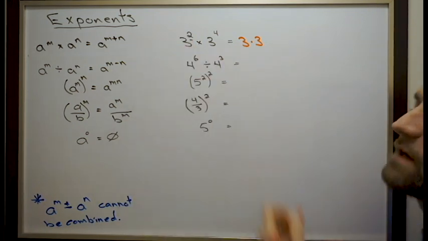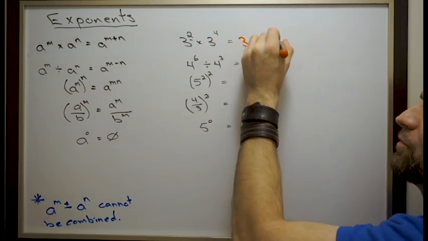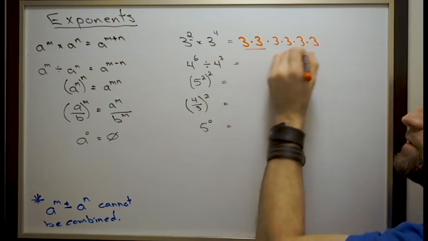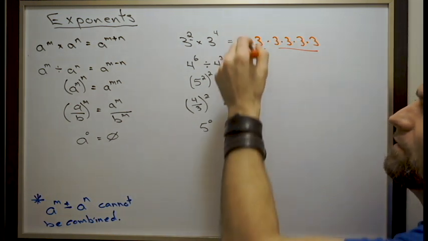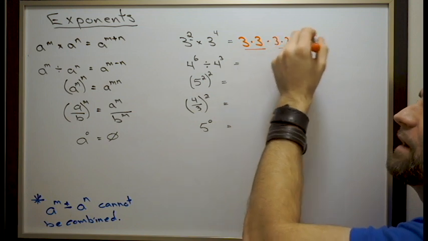So we have 3 times 3 times 3 times 3 times 3 times 3. So here's our 3 to the 2. There's our 3 to the 4. Well, we have 3 times 3 times 3 times 3 times 3 times 3. That's 1, 2, 3, 4, 5, 6.